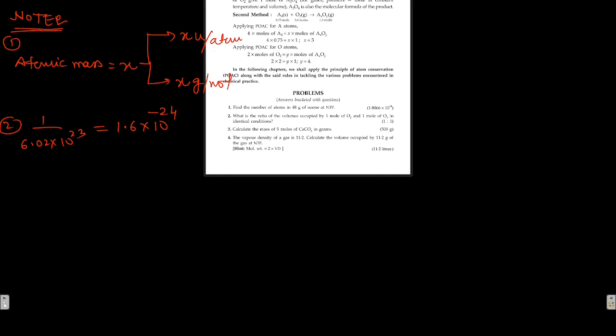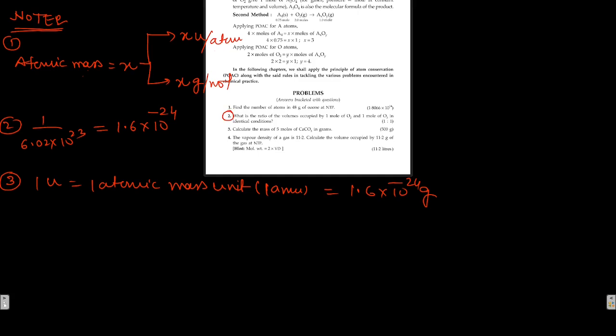And one thing more, 1 U means 1 atomic mass unit, or AMU. 1 AMU is equal to 1.6 into 10 to the power minus 24 gram. I'm repeating this because I taught these 3 points in my past lectures.